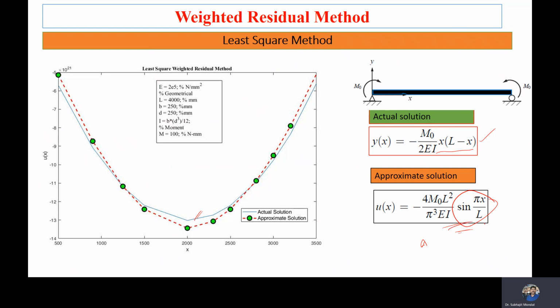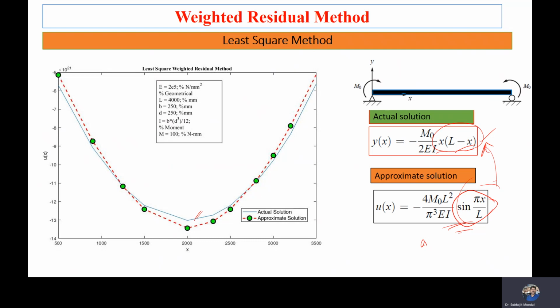Since the nature is different, we need to plot it so that we can get some idea how much error is coming. If you plot it, you will get this type of graph for both curves.